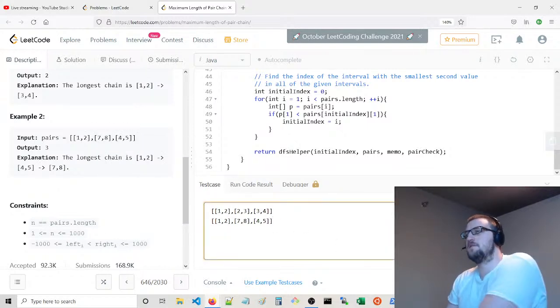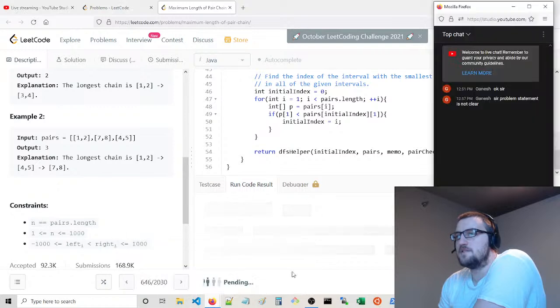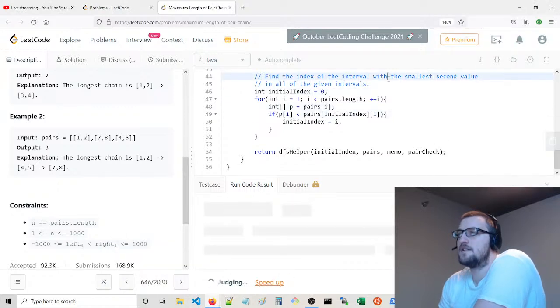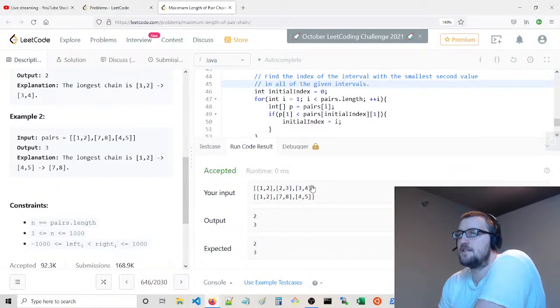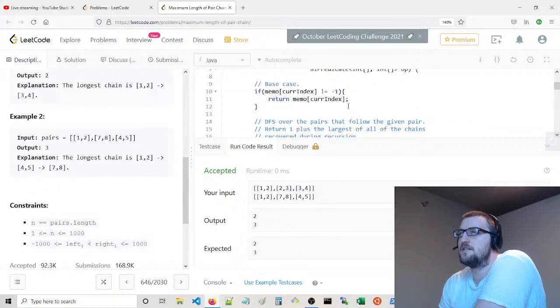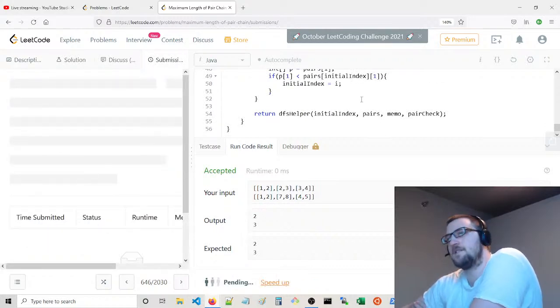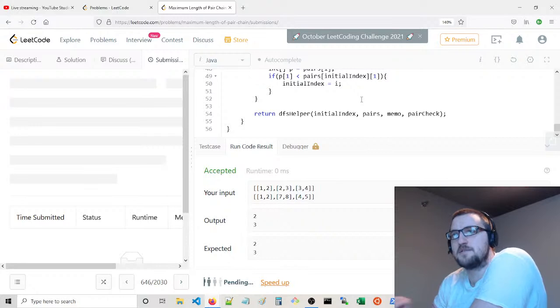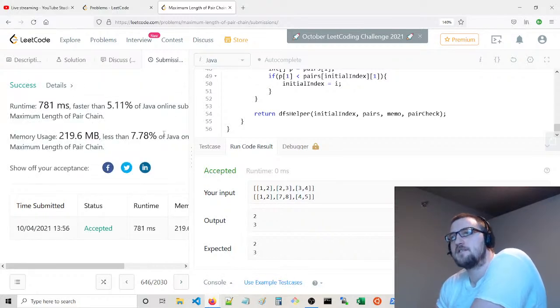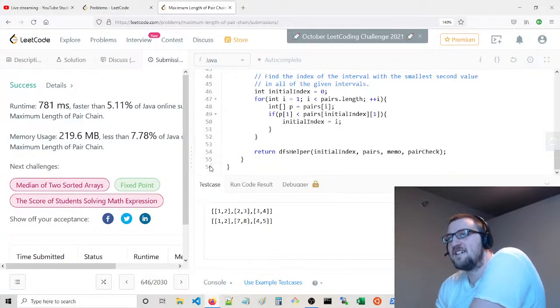Wow. Let's go for it. I don't know if it's right. I have no idea. I feel like I need to use more test cases. Oh, it worked. Okay.